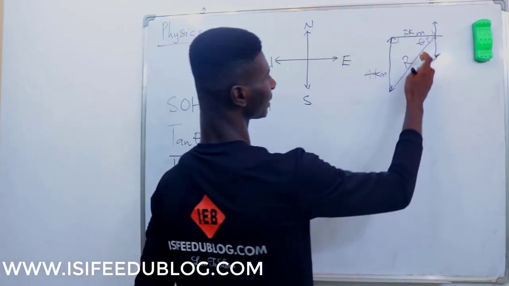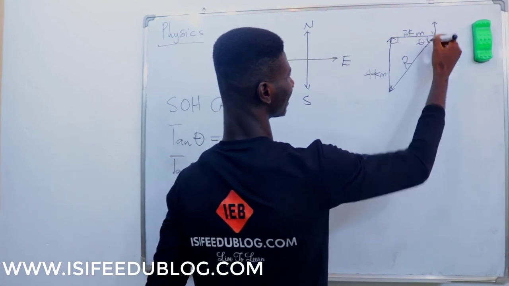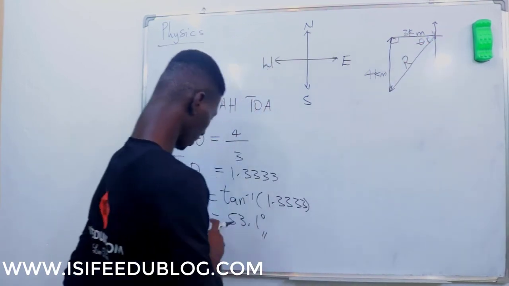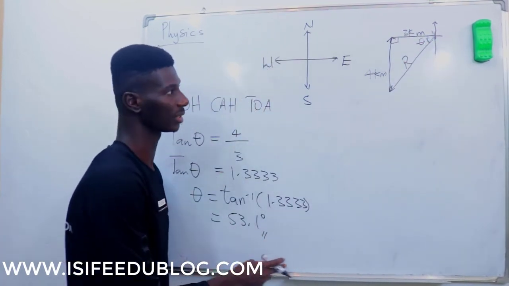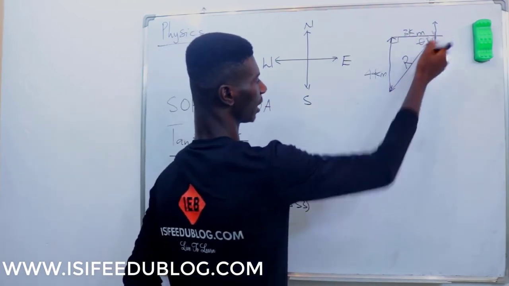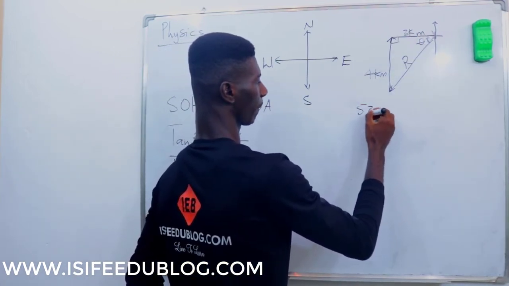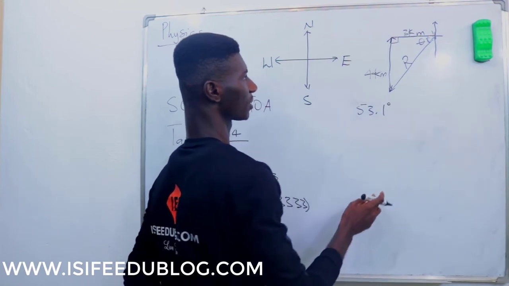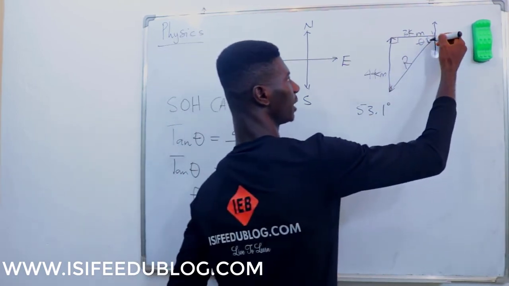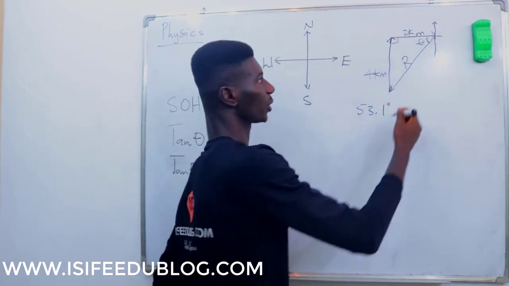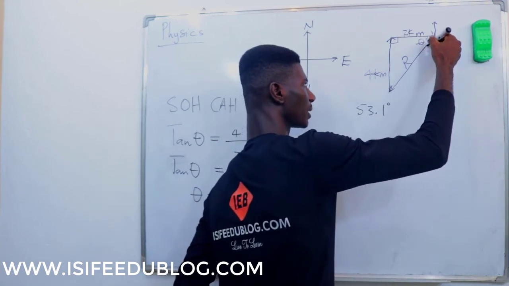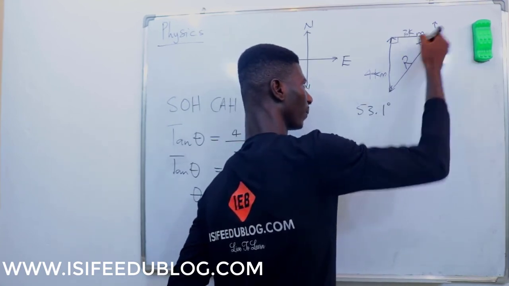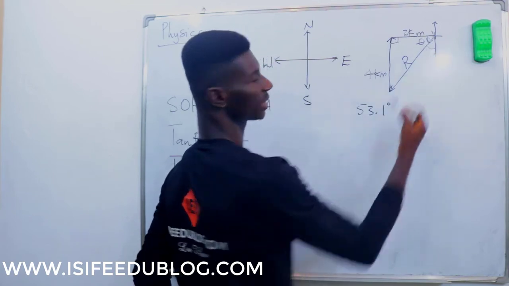Now, we have gotten theta here to be 53.1 degrees. If from here is 53.1 degrees, now what is this particular angle? From here to this point is 90 degrees.